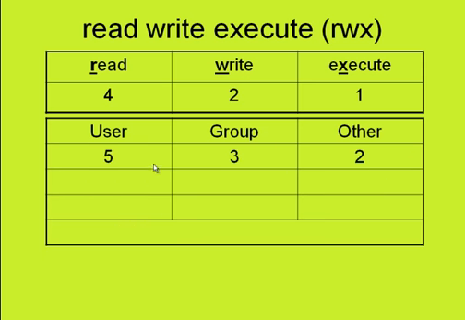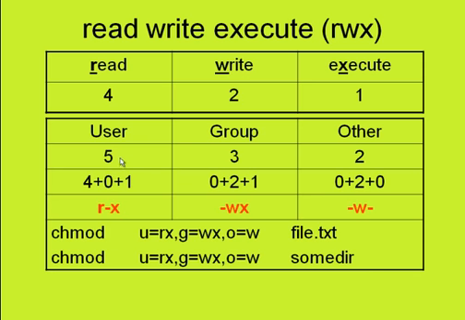Now, instead of symbolic permission, if you are given the octal permission, in this example 532, you can also derive the symbolic permission. So in this case, 5, user has a permission octal value of 5, which is derived from 4 plus 1, which is read and execute permission.